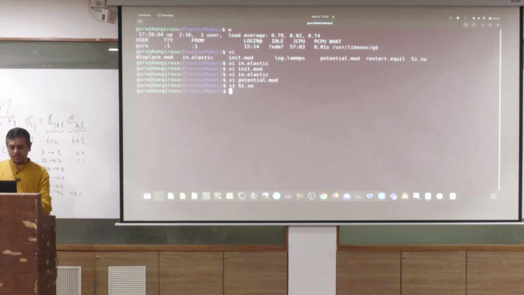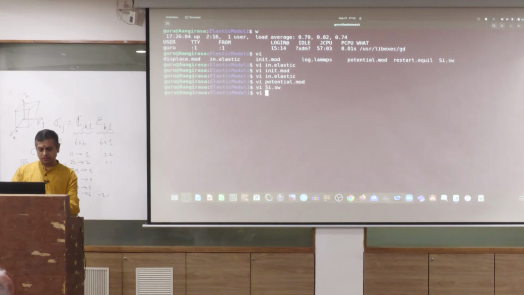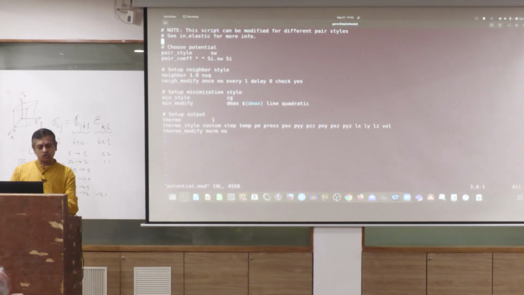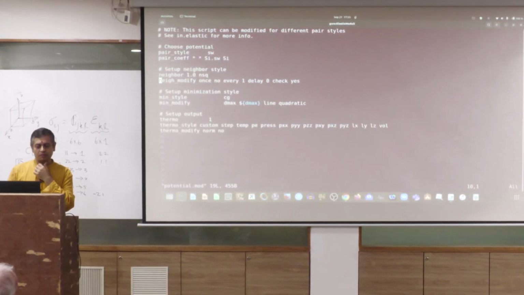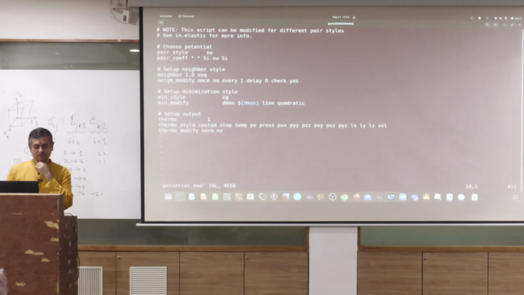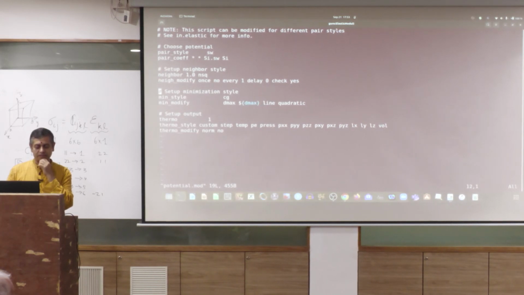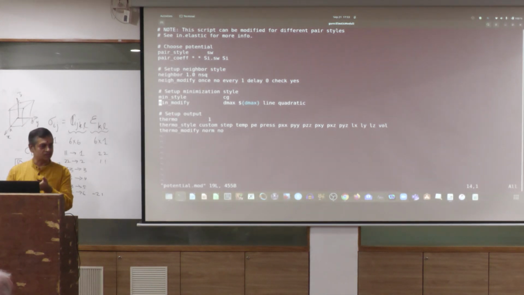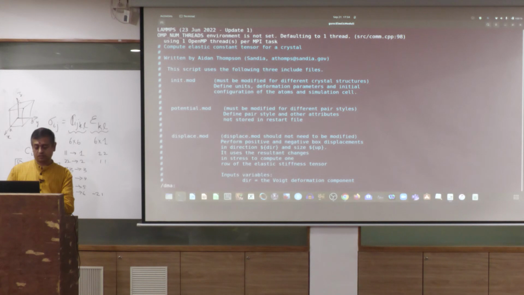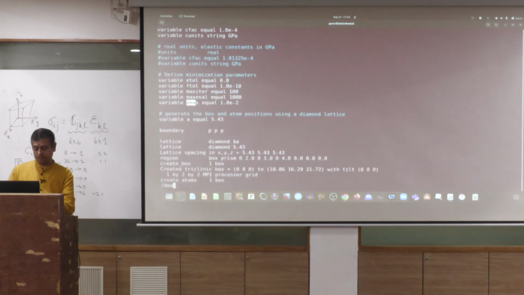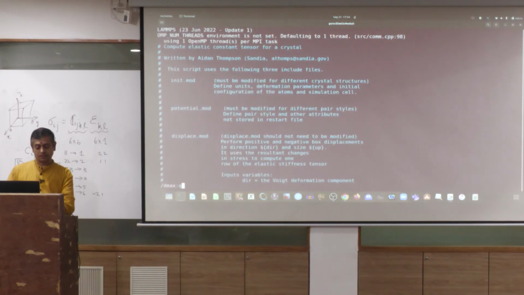Okay, so that is also a simple file, and let us go to the potential mod. So, pair style and neighbor modify, check it is there, and minimization style is CG, and minimization modify also is given. I mean, what is the maximum line search? $D max might be there, in the place where he is defining minimization parameters. So, let us take a look at where it is.